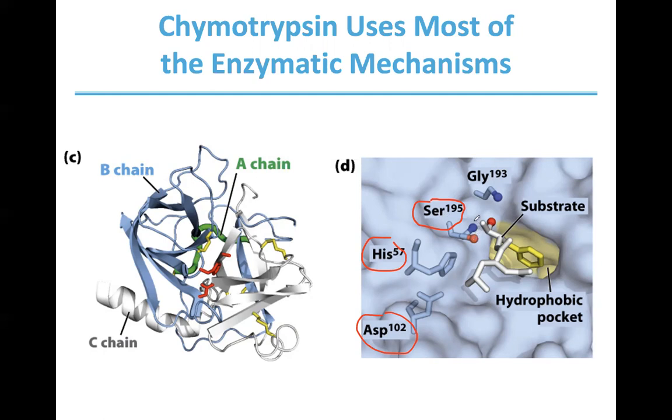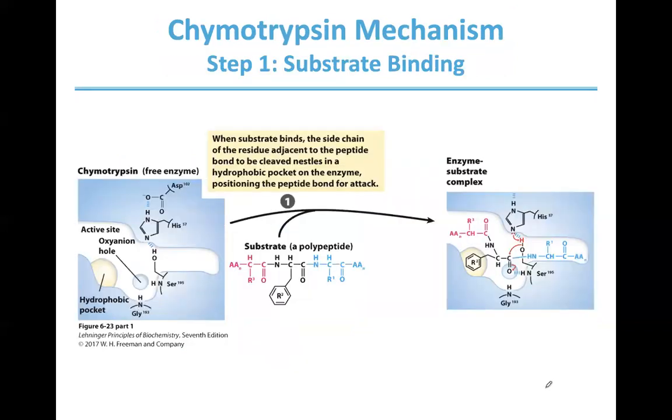Also, serine and glycine have amidic NH from the peptide bonds, and these form what's known as the oxyanion hole.